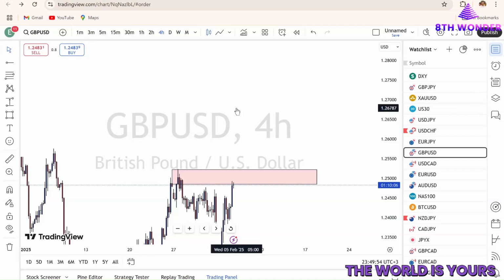So you must be very careful on how a certain pair is going to be affected by that particular news. What most people say is that during news, don't trade, stay out of the market, wait for the market to finish that volatility, then continue trading on the normal market. But what I say is it's based on your own decisions.